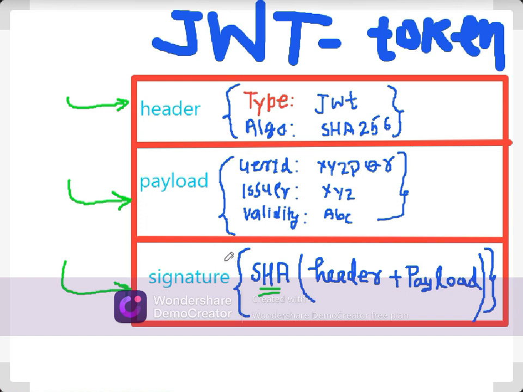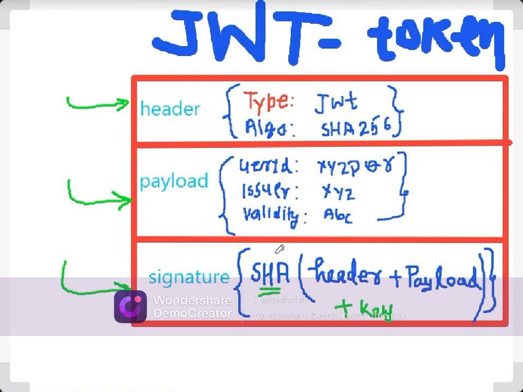Remember we had a client key. Those client secret keys are stored on the server side. So the header plus payload plus client key was included when we were generating the signature, and this whole encryption was made.